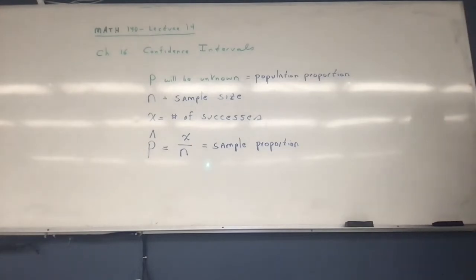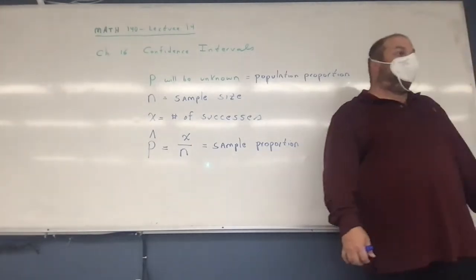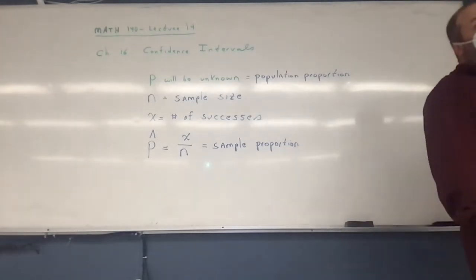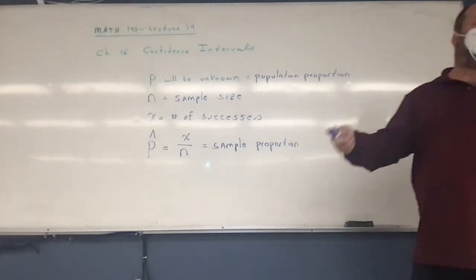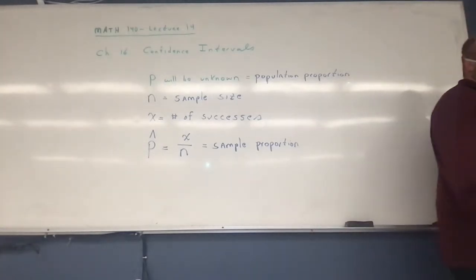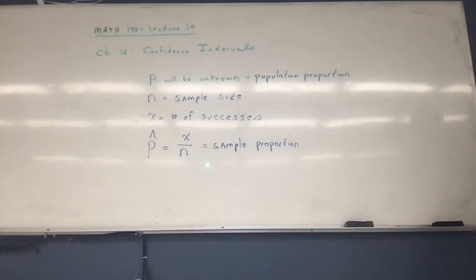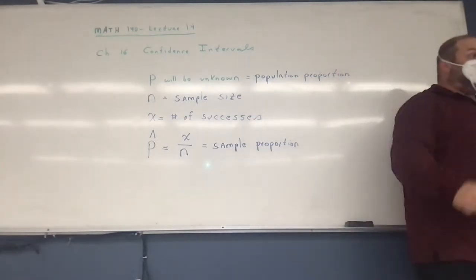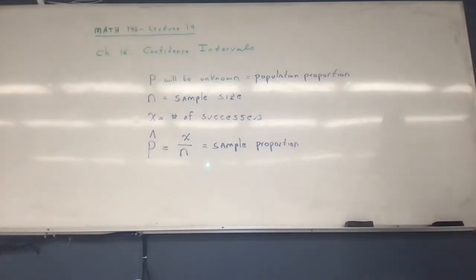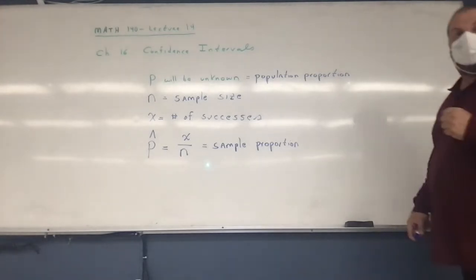Now, the sample proportion is our best guess estimate for the population proportion, right? If our sample proportion is 92%, then we're probably going to say that the true population proportion is somewhere around 92%, if we believe our sample was good, correct?